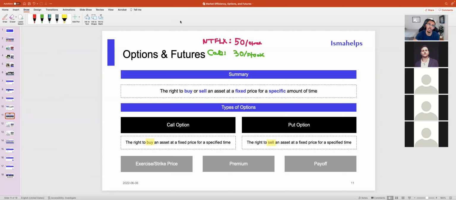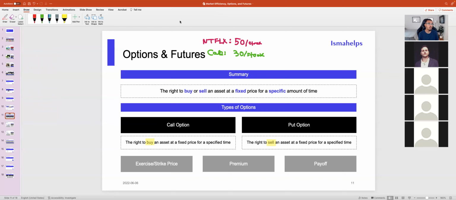Now, I'm going to ask you a few questions and you only have to reply yes or no, okay? So if Netflix is trading at 50 bucks and you have the right to buy Netflix's stock at a fixed price of $30 for the next month, would you rather buy Netflix at $30 or would you rather buy Netflix at $50?